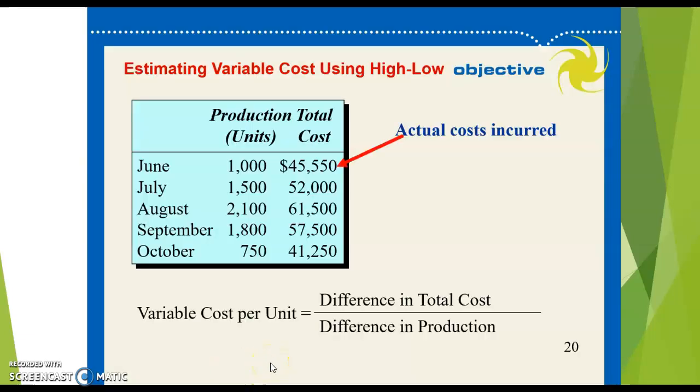Okay, so here is an example. We have 5 different months of activity. And here's the amount of activity, the production, the number of units each month that we had. And then here is the total cost that we actually had for those 5 months.